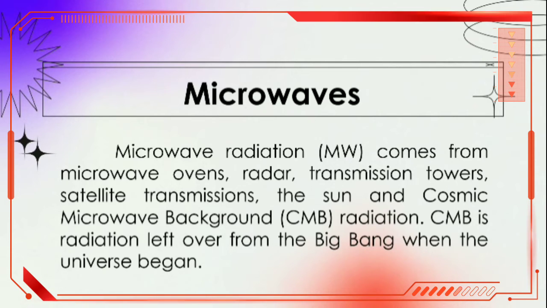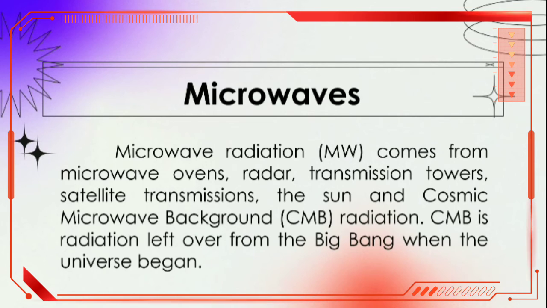Overexposure to microwave radiation can cause cataracts and skin burns. There are three subcategories of microwave radiations. Extremely high frequency waves are used in remote sensors and radio astronomy. Super high frequency waves are commonly used in microwave ovens, radar transmitters, cell phones, and satellite communications.